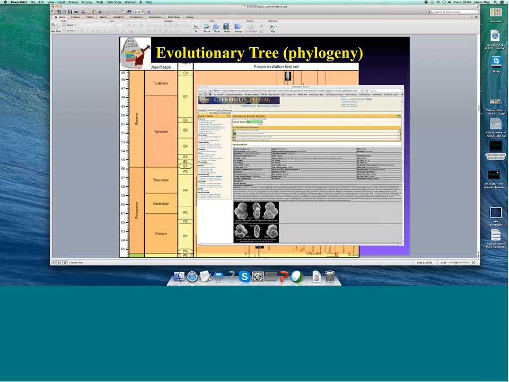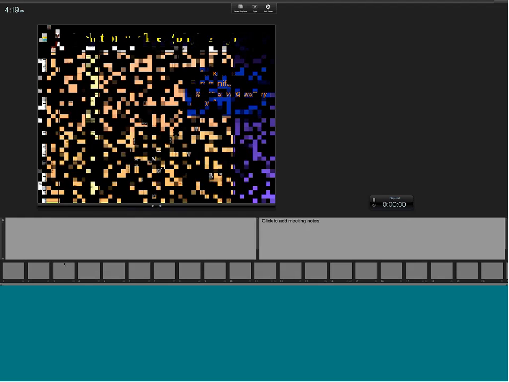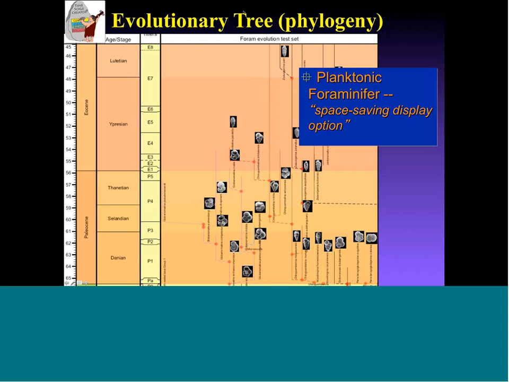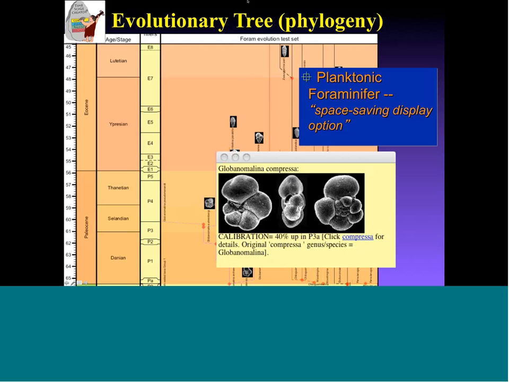Pop-ups can be not only on specific fossil names, but also in the titles of each column. For instance, if I were to click on one of these fossils, I can not only enter in the name and the image or the calibration, I could also enter in definitions, and if I wanted to, I could also enter in particular references for my image and also for the particular age calibration of the fossil.